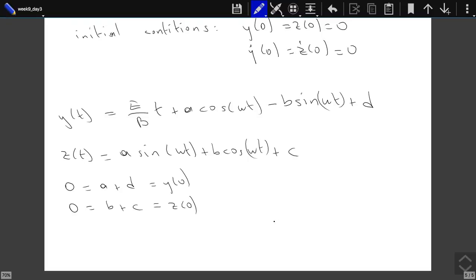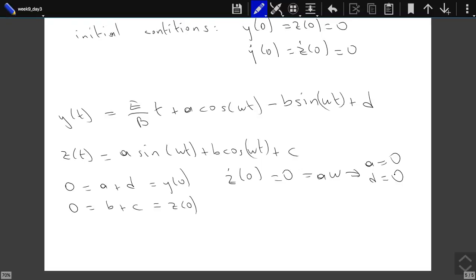Well, if you take the derivatives, z dot at 0, which we are given to be 0. If you look at our expression for z, take its time derivative, z dot will be just A omega. So already we know that A is equal to 0, but so is D from this equation.